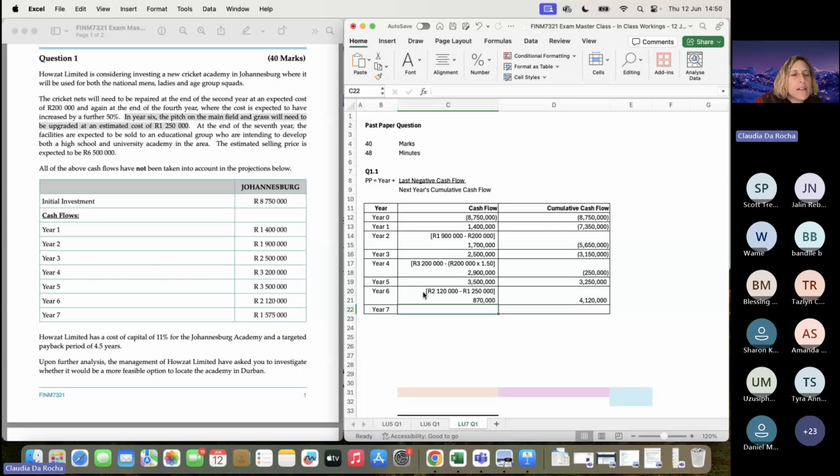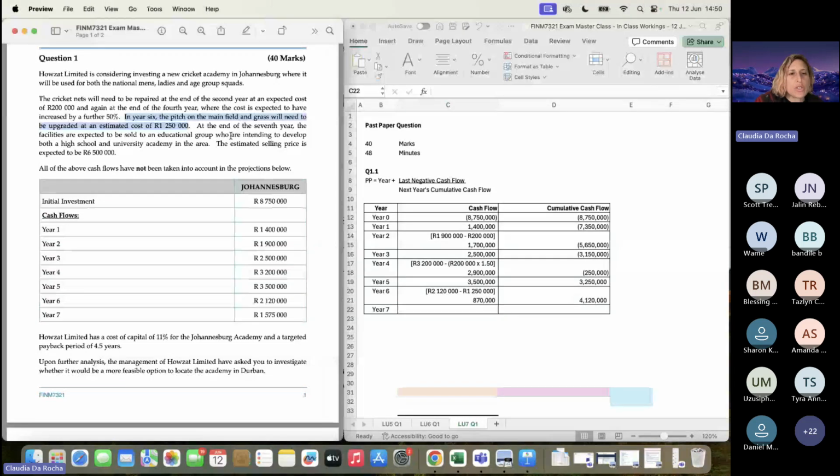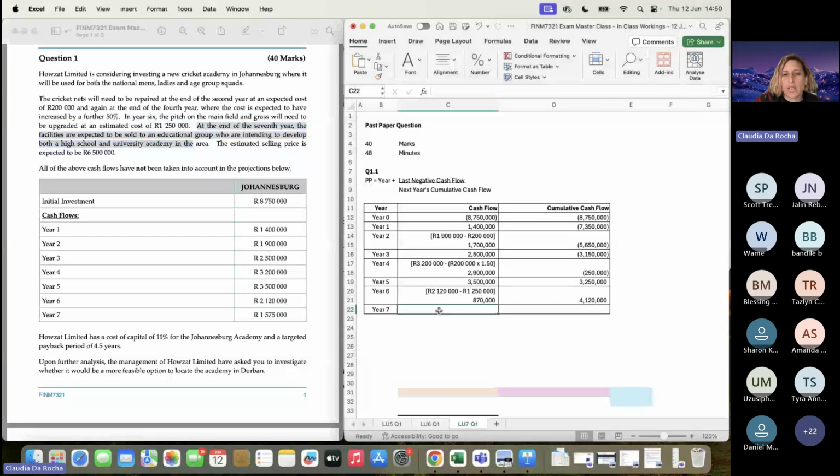And it says at the end of the 7th year, it's expected to be sold, and the estimated selling price is 6,500. So in this last year we have an extra amount that we're receiving.